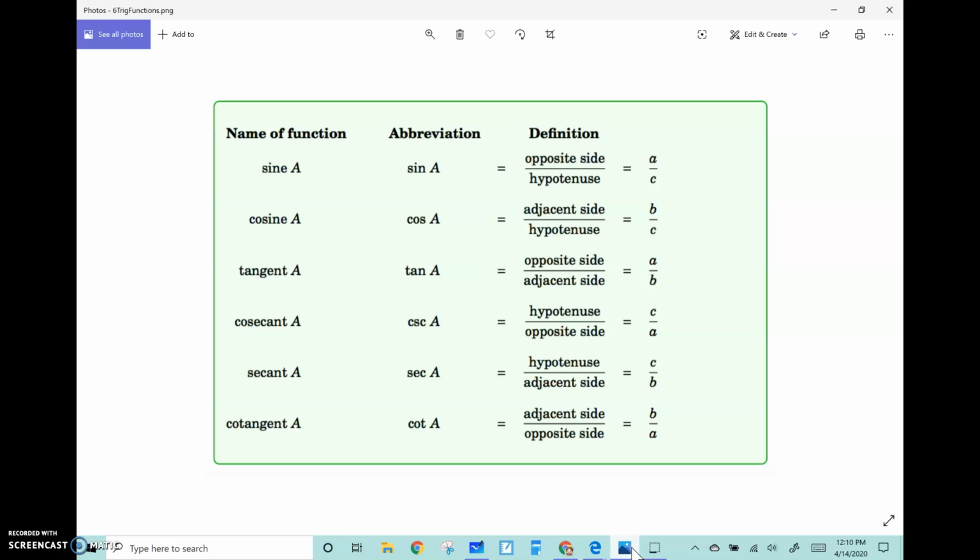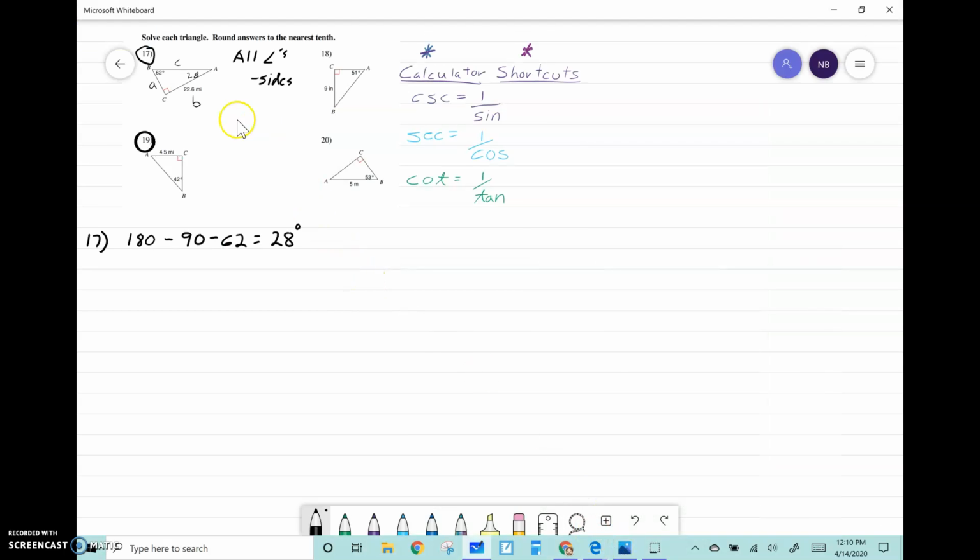I've got angle B, which is 62 degrees, and angle A. So I can pick where I want to work, and I'm going to work with angle A. If I use angle A, I have its adjacent side, 22.6, but I don't have the opposite or the hypotenuse of this triangle.